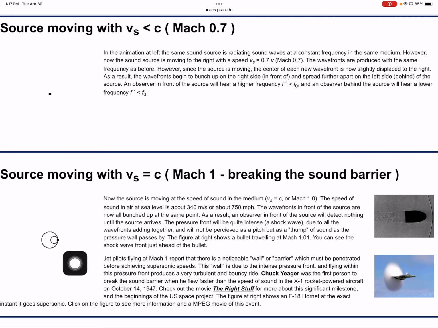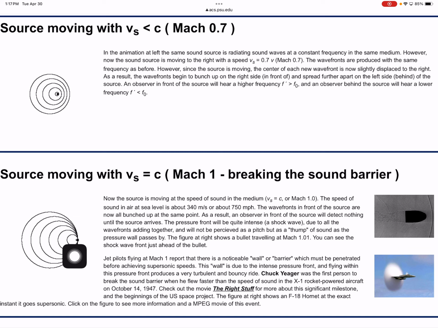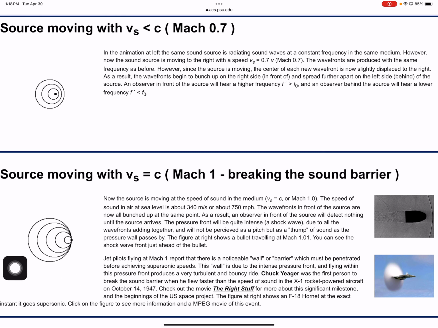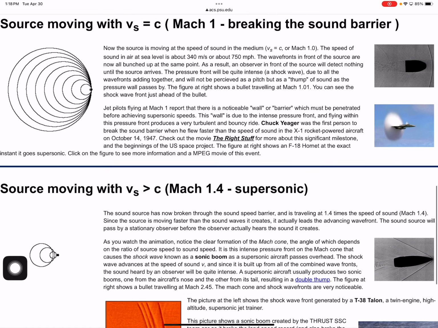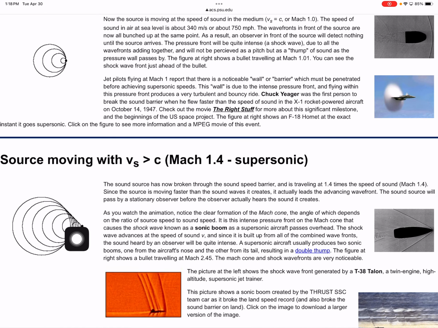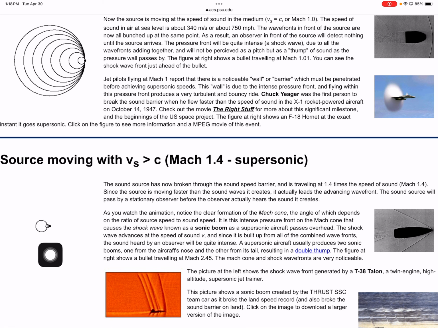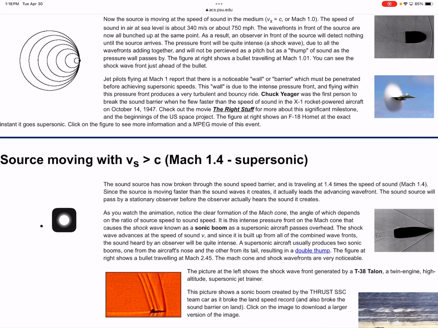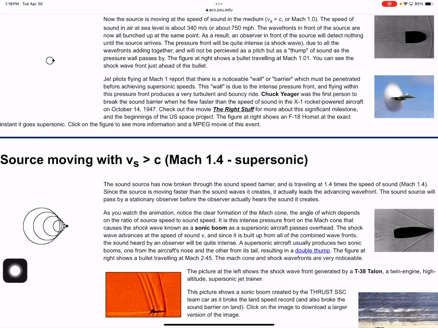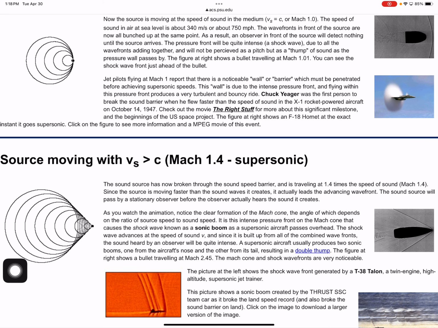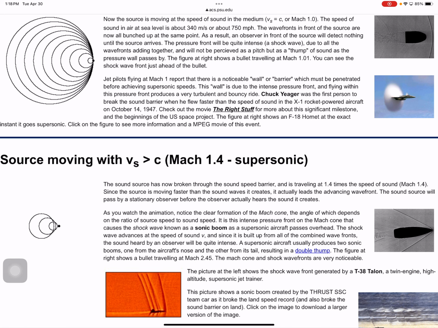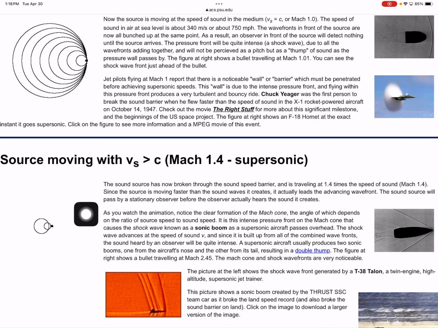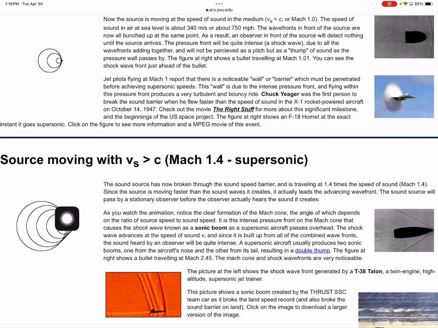And so now you see you have a wall of crests. What's happening here? The source is moving faster than the wave. Now you have a cone of crests. Okay, so remember that, let's say the crests were high pressure regions, okay? So now you have a cone on which you have a pressure spike.